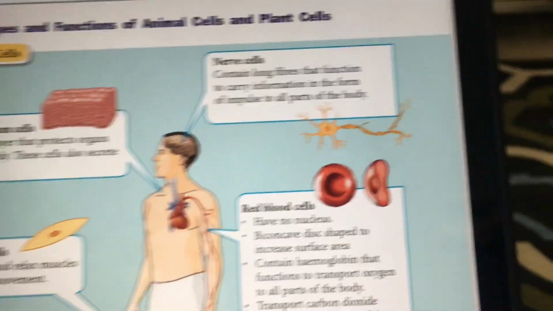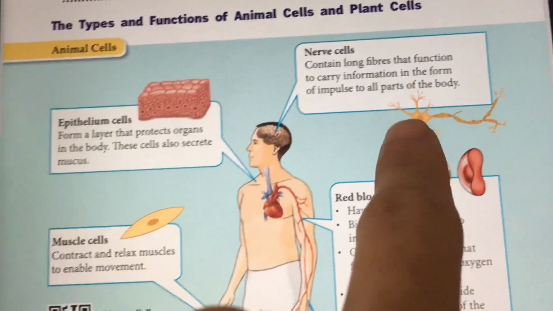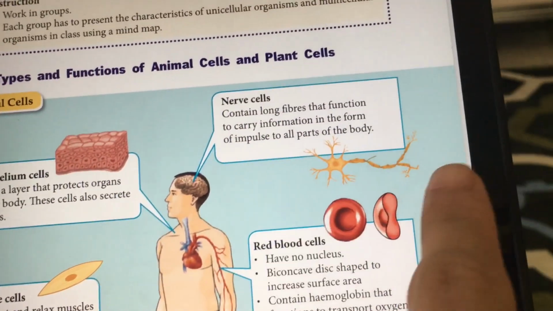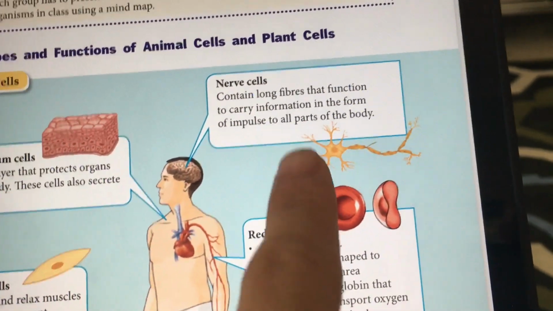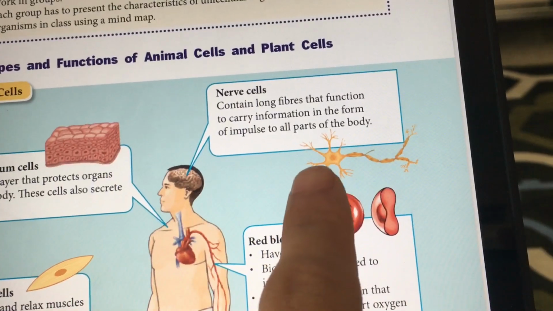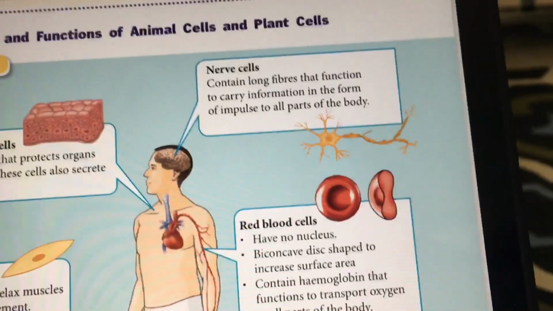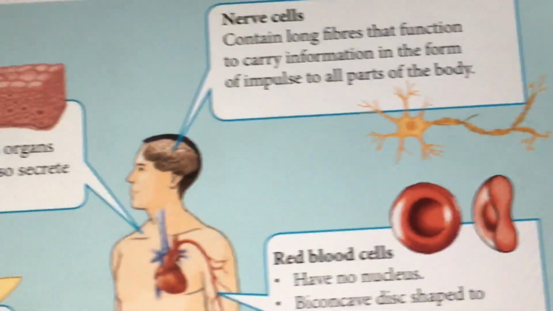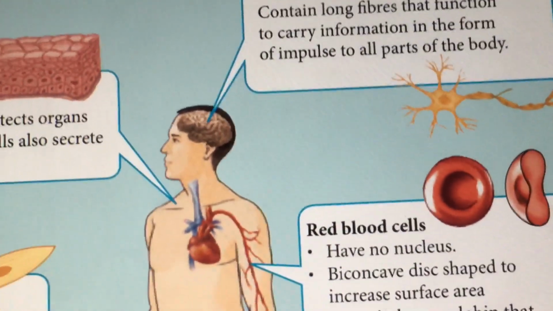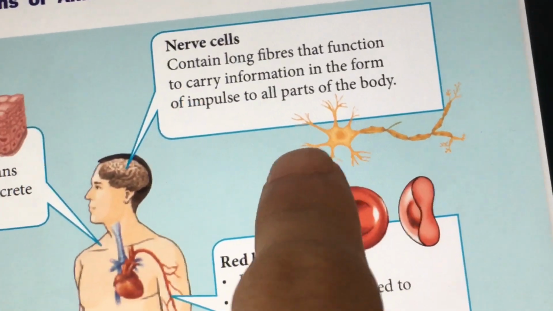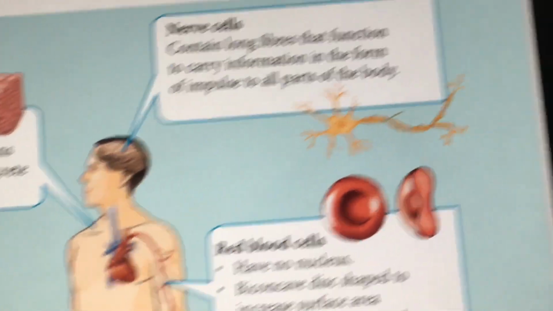Ya, kamu cuba bayangkan kalau ada informasi daripada sel ini yang mau ke sel lain, dia akan mengalir dari satu sel ke satu sel yang lain melalui proses renjatan macam elektrik. Okay, so imagine if you have electric pulses, so the information goes as fast as lightning to other cells.